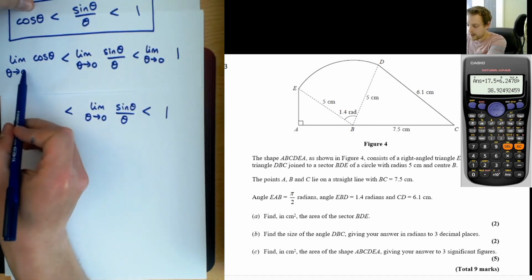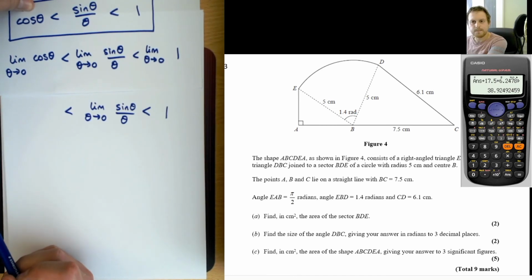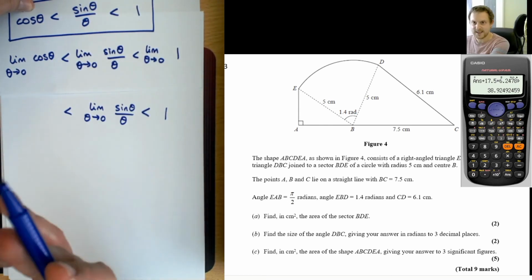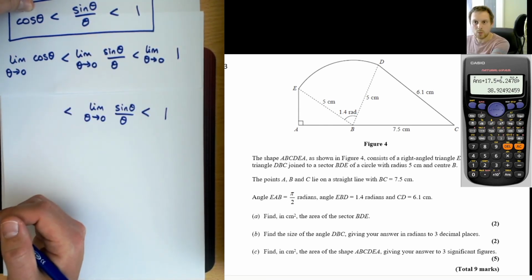But what happens when theta goes to 0 of cos theta? Well, cos of 0 is just 1. And as theta gets closer and closer to 0, cos theta gets closer and closer to 1. And when theta actually is 0, cos theta is 1.